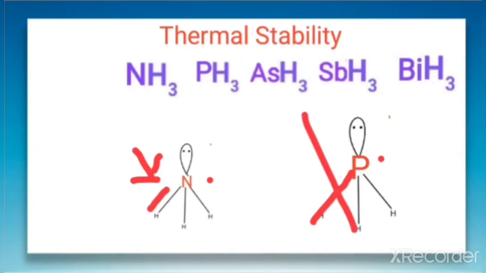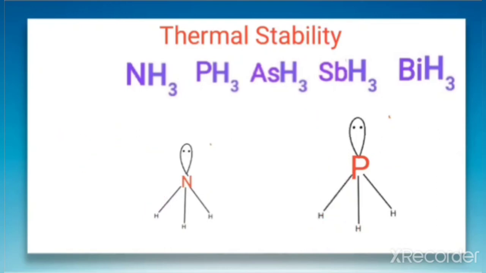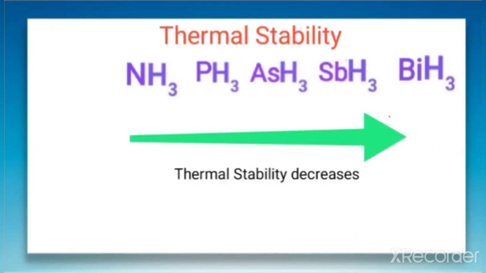So it is less stable and this one is more stable. Thermal stability decreases down the group because the size of the atom is increasing, therefore the bond length increases. When the bond length increases, the bond strength decreases. Because of this, thermal stability decreases.